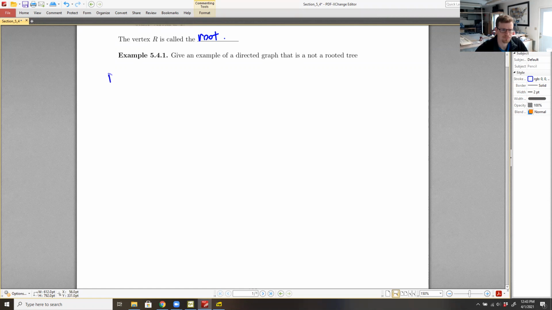So let's first draw a directed graph that does not satisfy the first condition. So what I want to do is draw something that is not a tree when we ignore the directions of the edges, and that's not too hard to do.